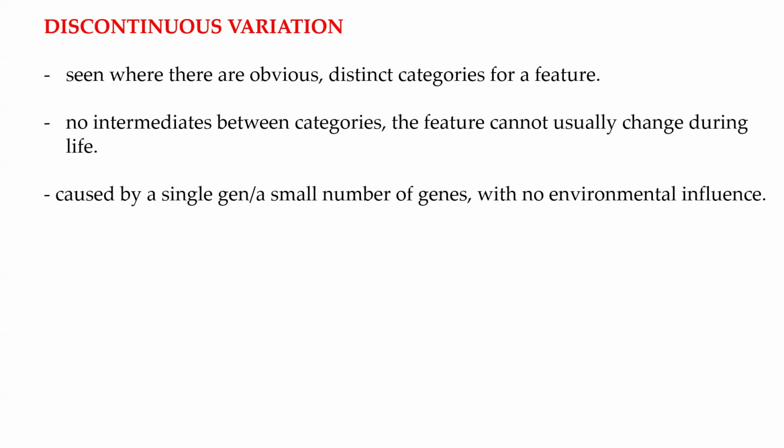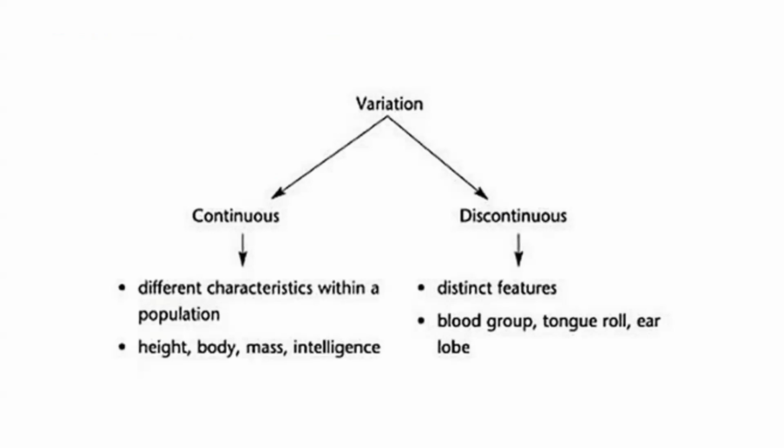So this is actually more explanation. Under variation, we have continuous and we have discontinuous. Under continuous, we have different characteristics within a population, like height, body mass, and intelligence.